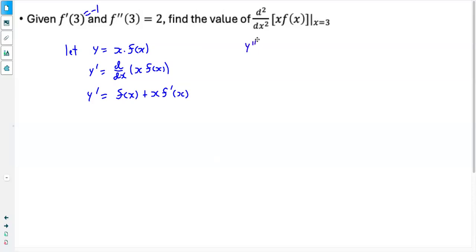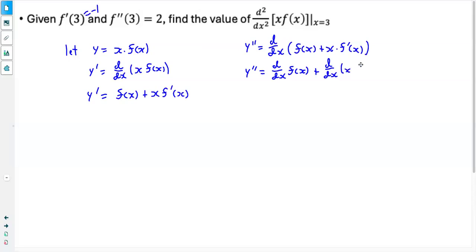Our second derivative would be d/dx of f of x plus x times f prime of x. So that is d/dx of f of x plus d/dx of x times f prime of x.